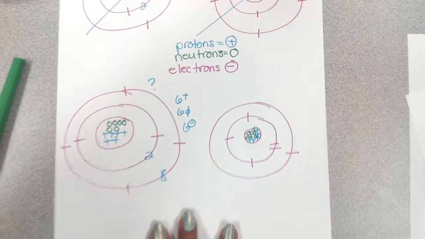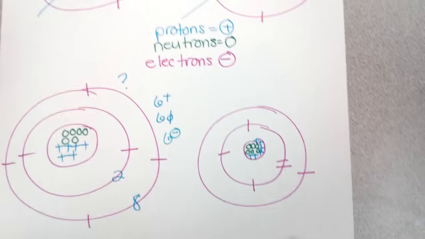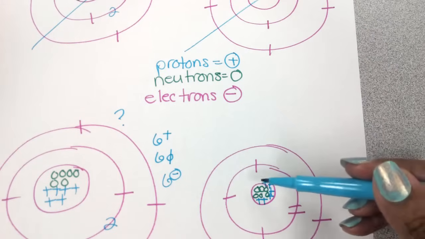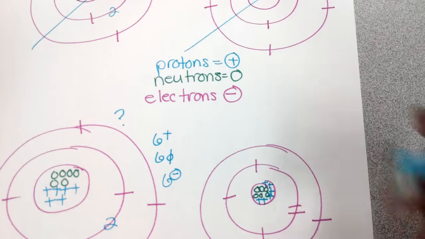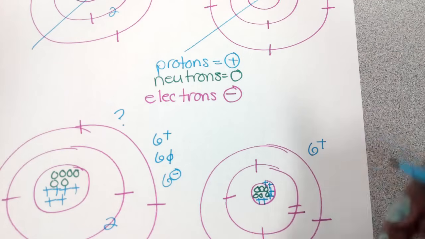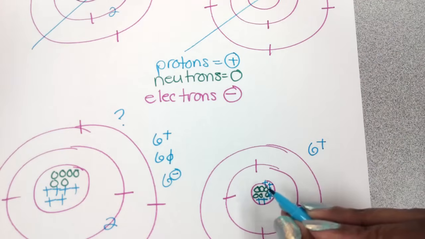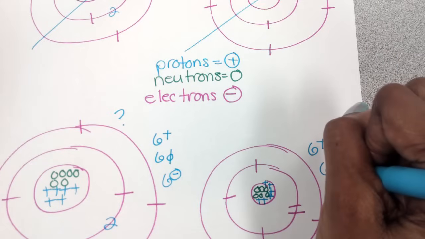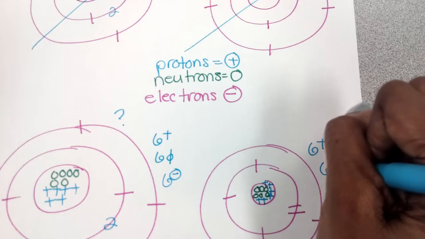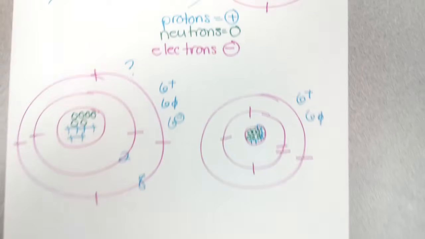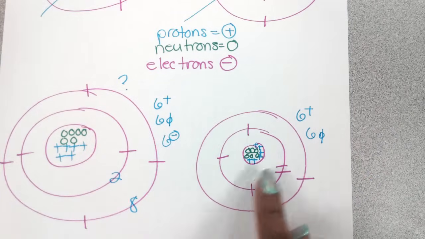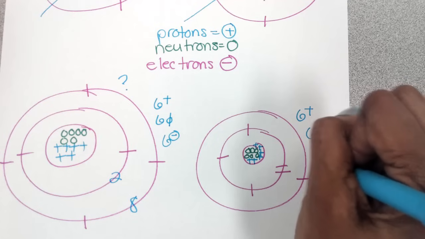Let's look at this one. And I'm going to have to zoom in. So I have 1, 2, 3, 4, 5, 6 protons. I have 1, 2, 3, 4, 5, 6 neutrons. And I have 1, 2, 3, 4, 5, 6 electrons.